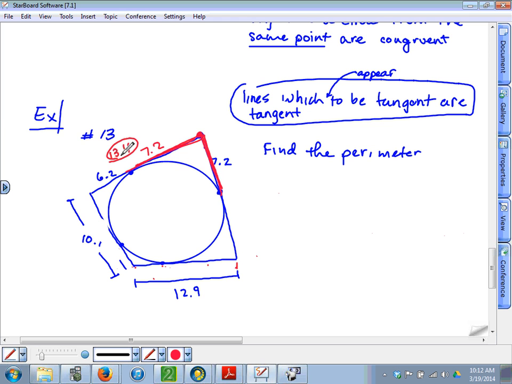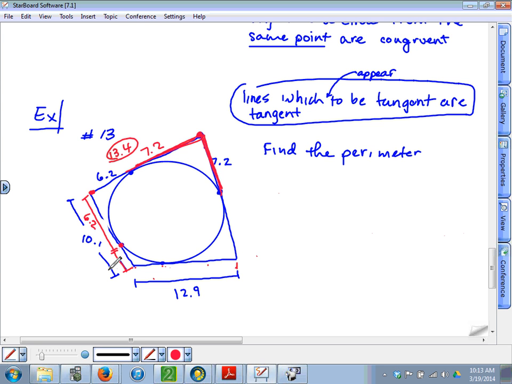Now, this next part you have to kind of be clever about. Listen carefully. We already know the entire side right there. It's 10.1. Okay? But we're going to have to split this apart into its separate lengths. What's the length from here to here, and then the length from here to here? 6.2. How do we know this is 6.2? Because it came from the same point, they're both tangents, so that's 6.2.